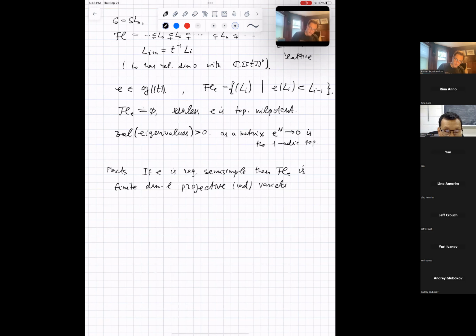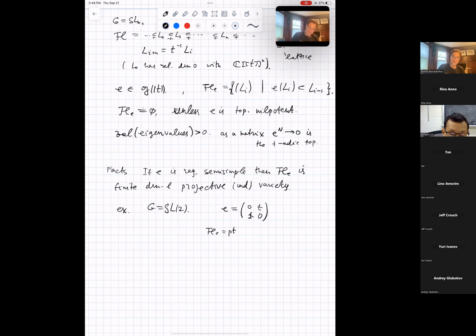So I can give 2, maybe 3 examples. If G is SL_2, and E is something like (0 1; T 0), then full E is just a point.